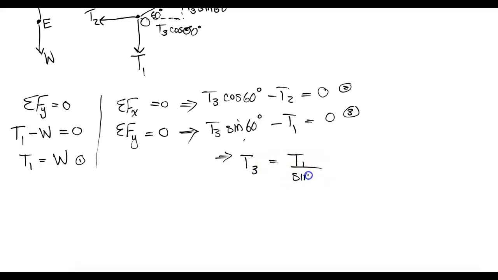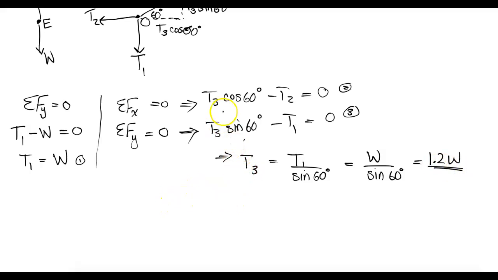over sine of 60 degrees, but T1, remember, is the weight, so we have the weight over sine of 60 degrees, which is the same as about 1.2 times the weight.